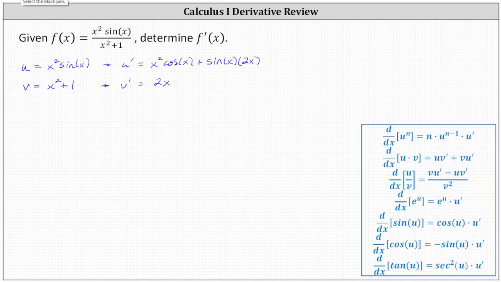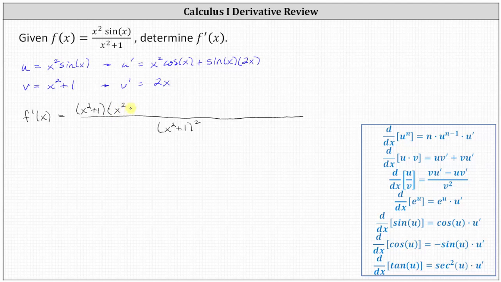And now let's go ahead and find f prime of x. The denominator is v squared, or the square of the original denominator, which gives us the square of x squared plus 1. And now for the numerator, we have v times u prime minus u times v prime, or the denominator of x squared plus 1 times the derivative of the numerator, which is u prime, which is the quantity x squared cosine x, plus, let's write sine x times 2x as 2x sine x.